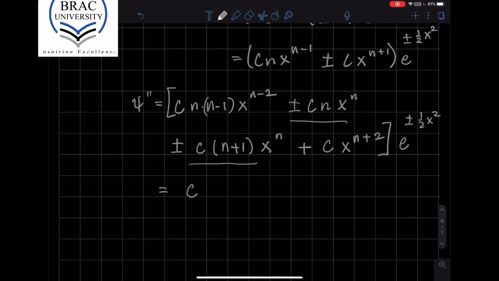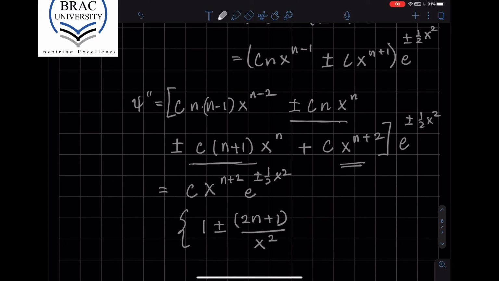Now if I factor out c times x to the power n plus 2, and of course the overall factor of e to the power plus or minus half of x squared, then inside the bracket we'll have 1, coming from this term, and then plus or minus 2n plus 1 divided by x squared, and then this term, which will be n times n minus 1 divided by x to the power 4.